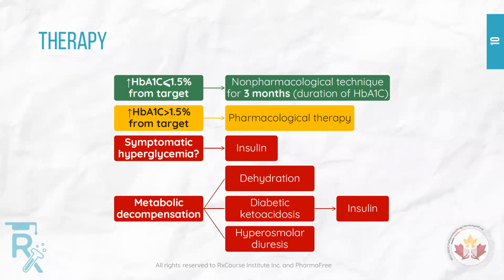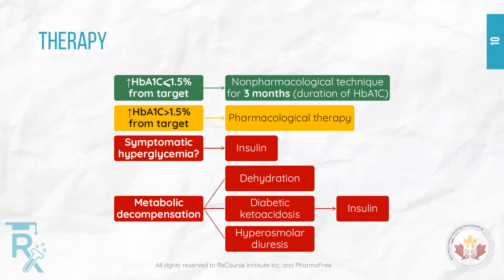So, when to start therapy? If the increase in HbA1c is less than 1.5 from target, no need to start medication therapy for 3 months.